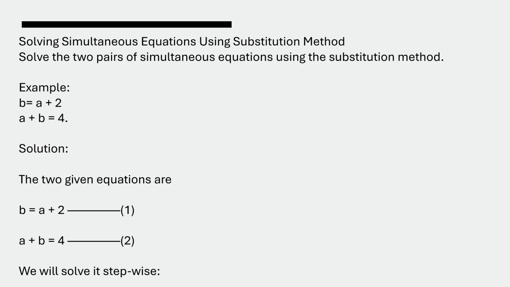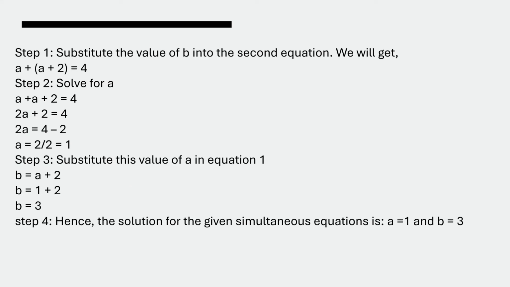Just mark equation 1 and equation 2, and the next step is to substitute the value of b into the second equation, so that we will be getting a plus (a plus 2) is equal to 4. We have to write a plus 2 within the bracket. That is very important because that is something that we have substituted for b. Instead of b we are writing a plus 2, so that should be written in brackets.